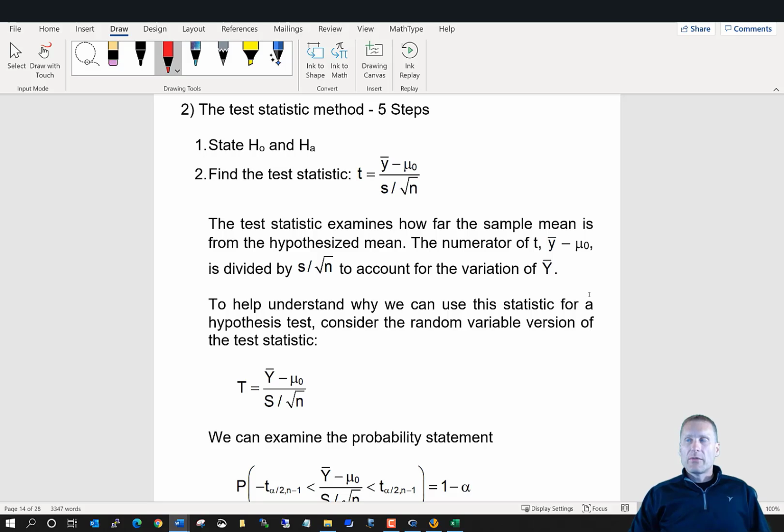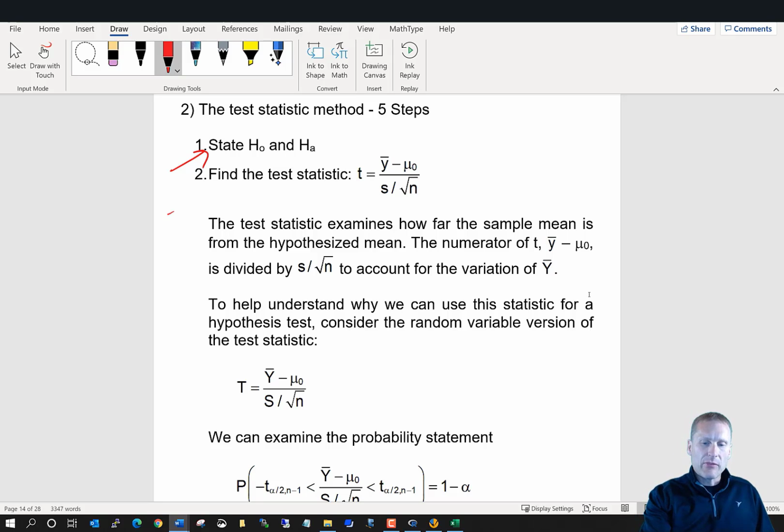Okay, so next let's talk about the test statistic method to do a hypothesis test. And this takes us to page 14 of the notes. There are 5 steps. First, state your H0 and HA just like what we did with the confidence interval method.